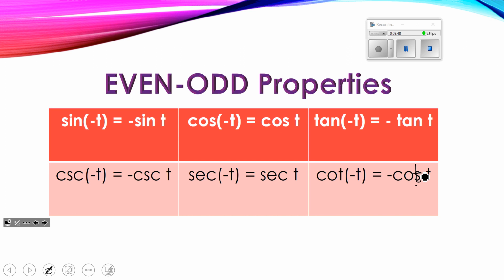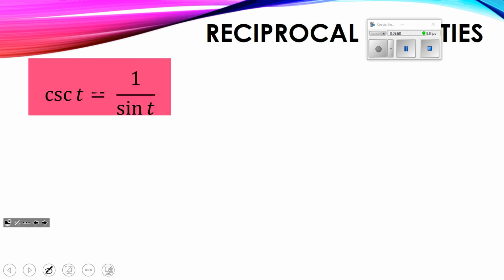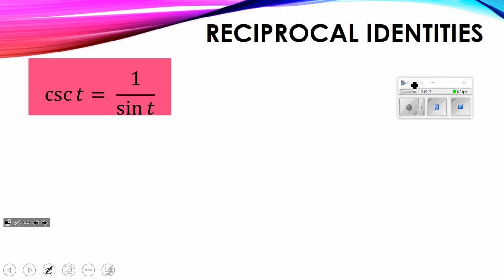All right, a couple more rules. So, reciprocal identities, and a lot of this you're going to find that you've already seen. Yesterday, I want to see if you can start to put it together.